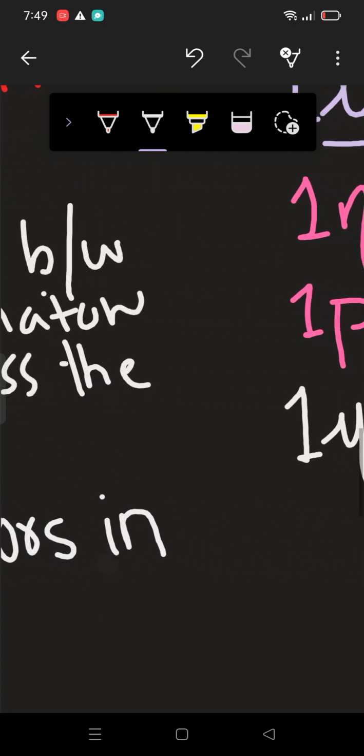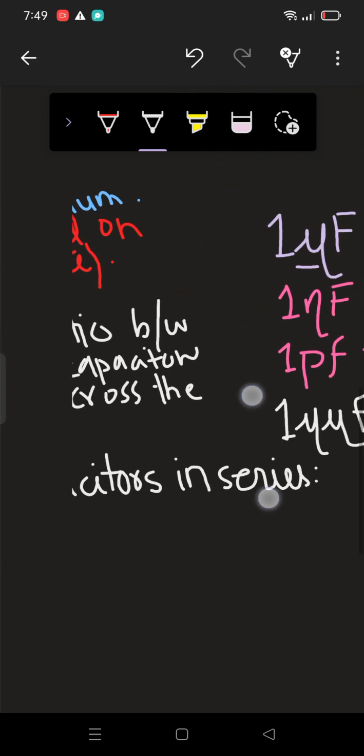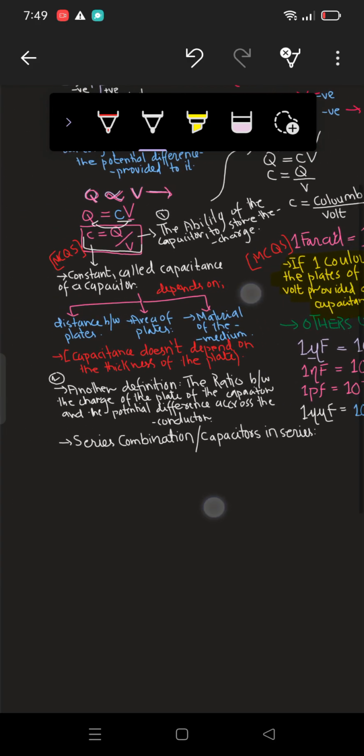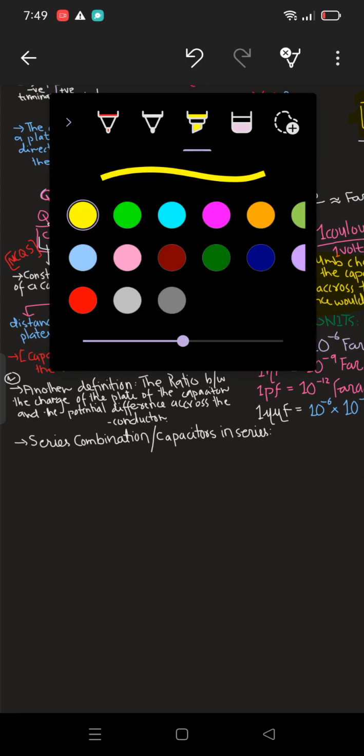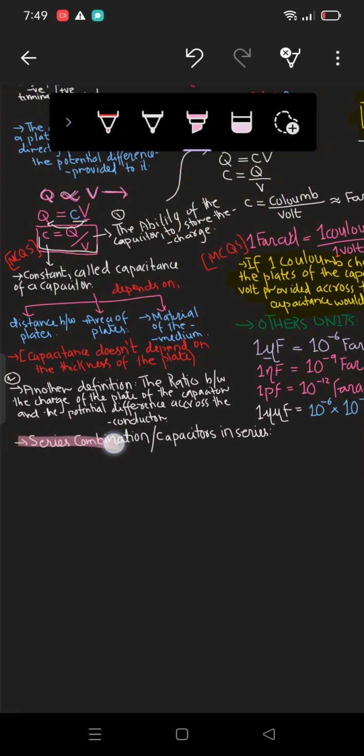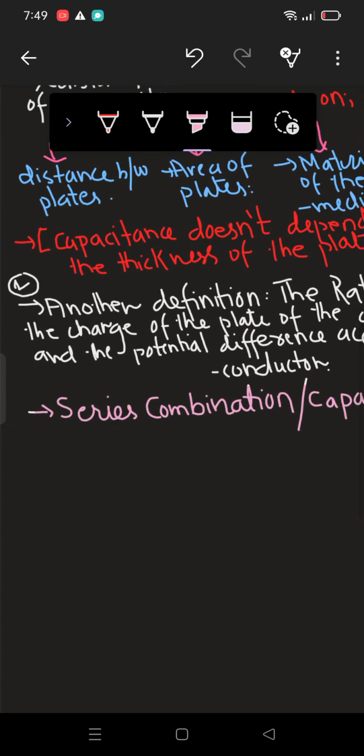In series, right? We know that. What is series? Series means when capacitors are connected in a single path, in one path. That is basically known as series.